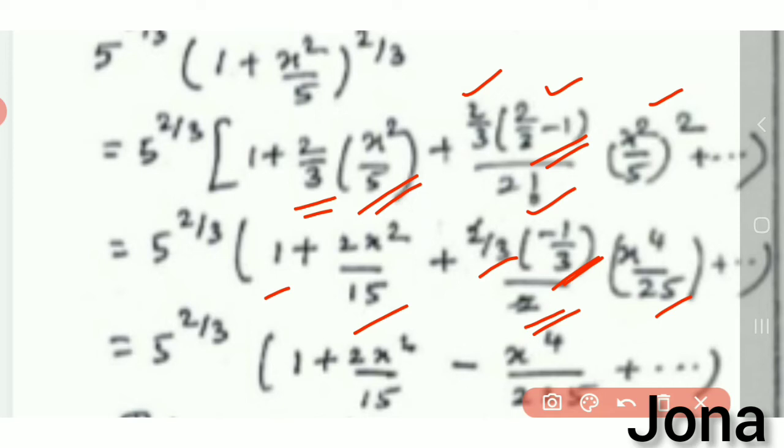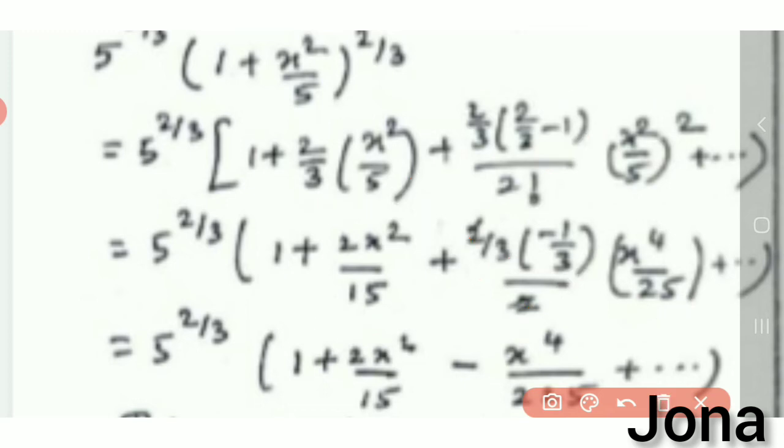Again we want to simplify these things. Keep this 1 + 2x²/15 as it is, and here 2 and 2 get cancelled and then 3 and 3 also get cancelled. The remaining thing is x⁴/25 only.